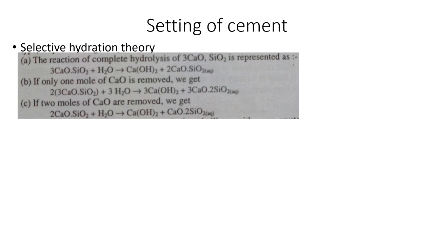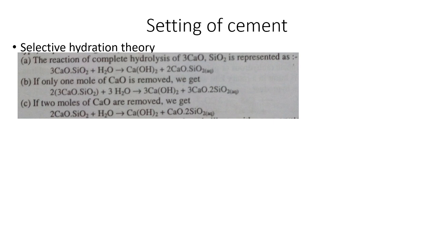Portland cement containing dicalcium silicate, that is C2S type, sets very slowly, while tricalcium aluminate, C3A type, sets quickly, but the product has little strength. Depending on the constituents of the cement, as discussed in our types of cement, this kind of reaction takes place. The new compound produced separates in crystalline form, and the cement becomes strong.